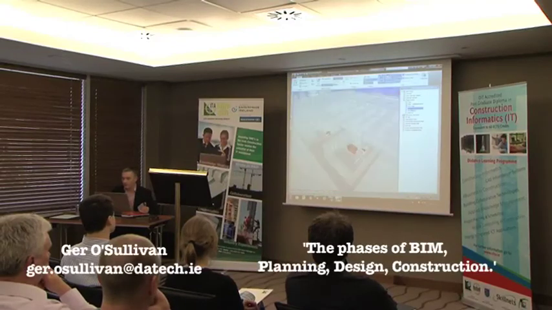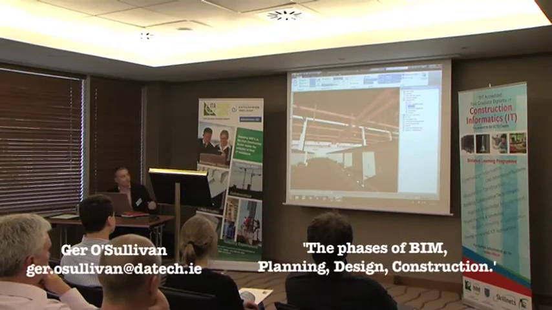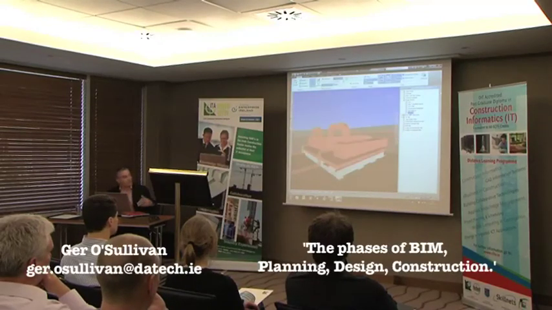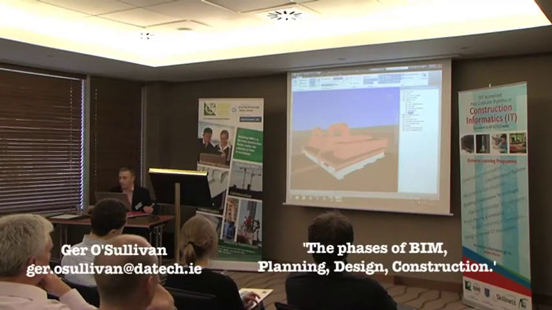Let me see if I have one here now. I think I have a clash here. This is just one example of a clash. So you can highlight the clashes, you can put comments on them, so that people can see what information you think is required, and who needs to add that information. So being able to do that to a model is very, very important, rather than using the 2D approach for the review process.